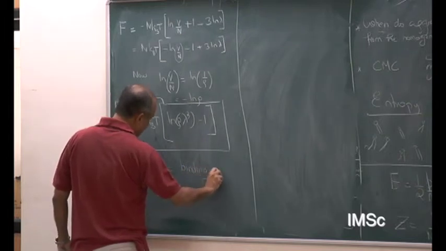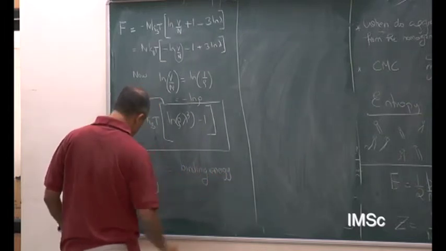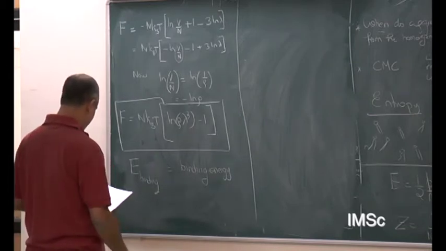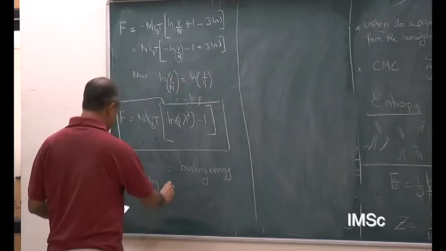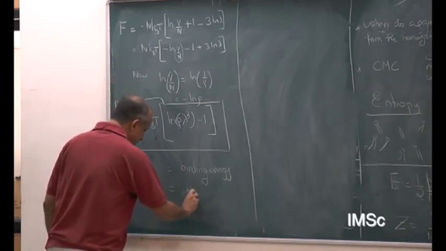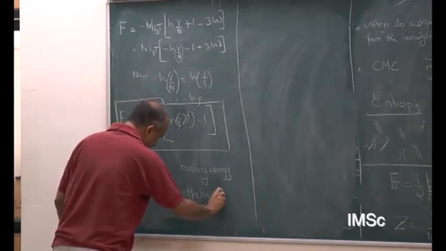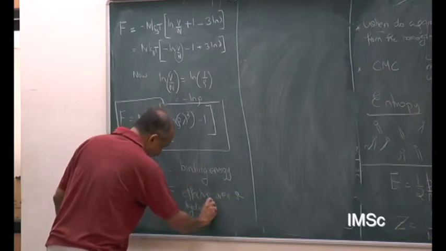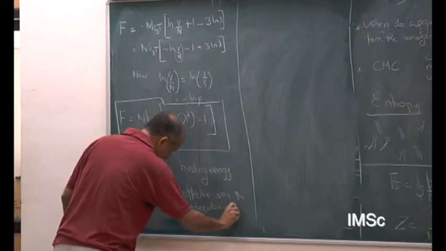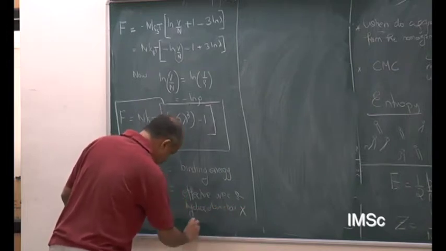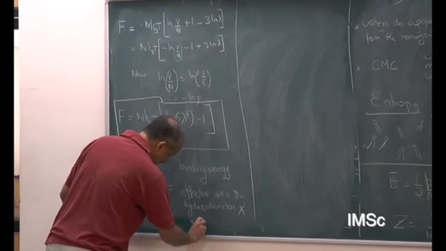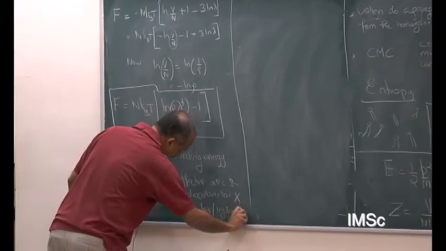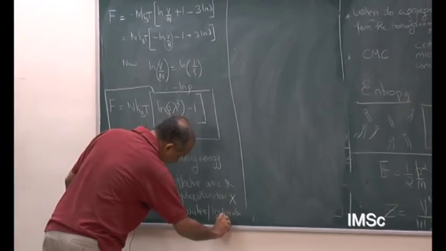And I want to make an argument for what this binding energy is. I'm going to say that this energy really comes from the effective area of the hydrocarbon chain into the water, the hydrocarbon-water surface energy.